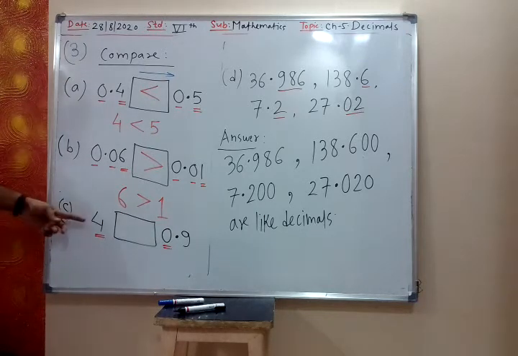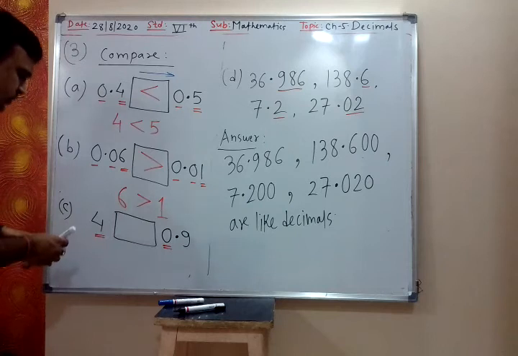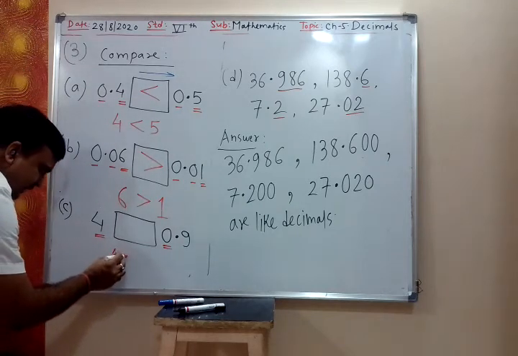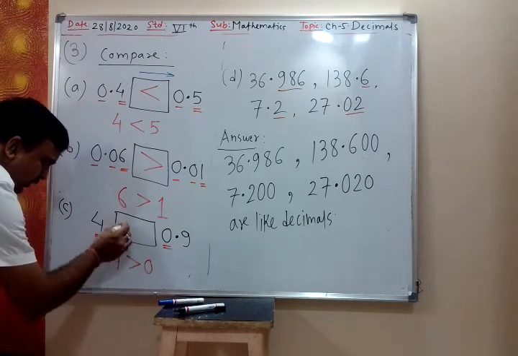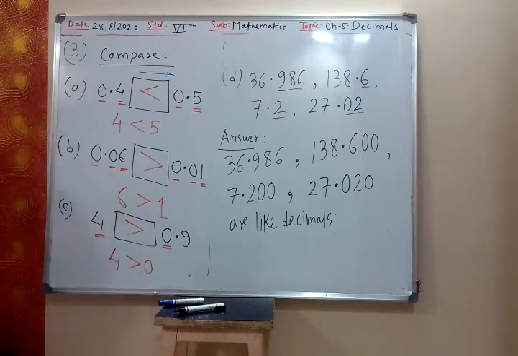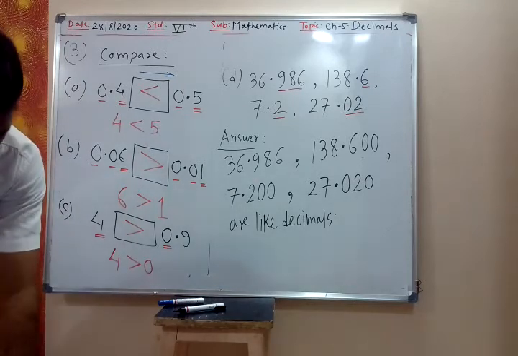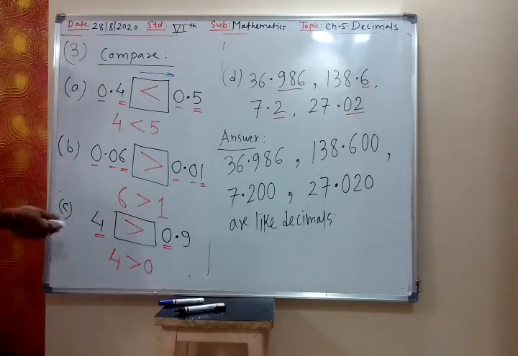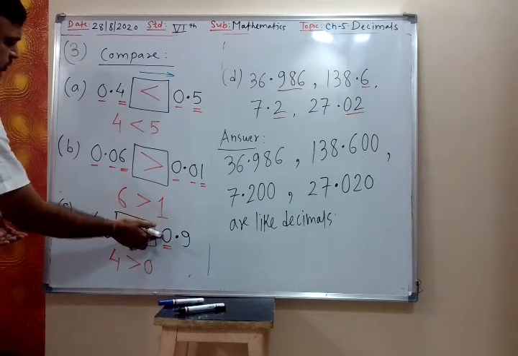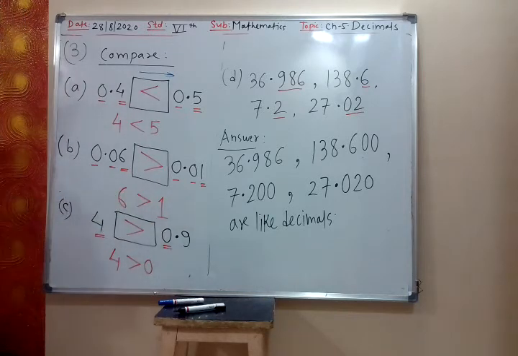So we write 4 is greater than 0.9, because the whole part, before the decimal we have 4 and it is 0. 4 is greater than 0.